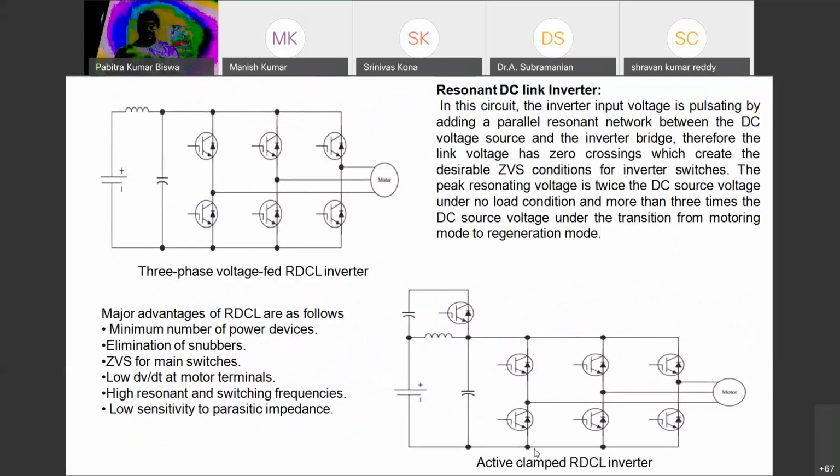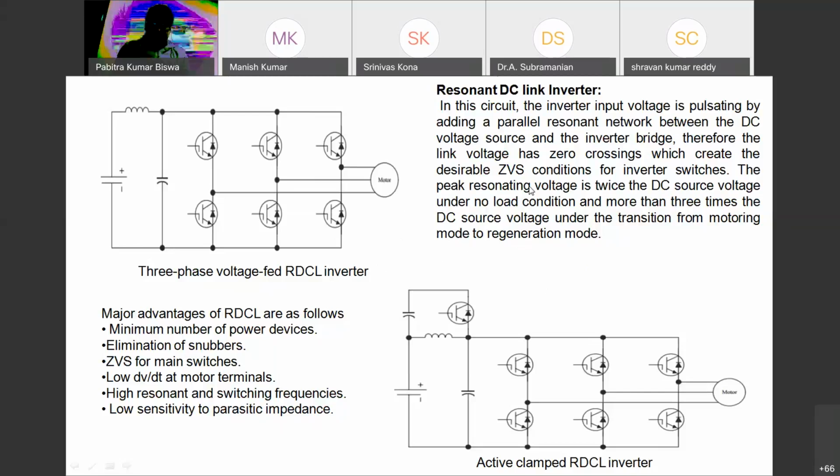Now, the resonant DC link inverter. We are considering L and C as resonant components to control the inverter. That means the inverter input voltage is pulsating by adding a parallel resonant network between the DC voltage source and the inverter bridge.